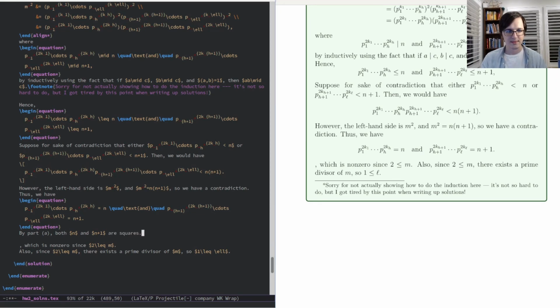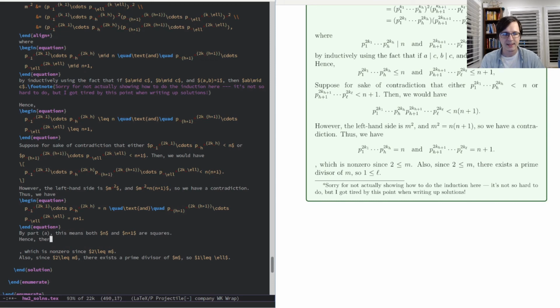Cool. Hence, there exist, let's let, okay, I need new letters. Let's say a and b be such that n equals a squared and n plus 1 equals b squared.